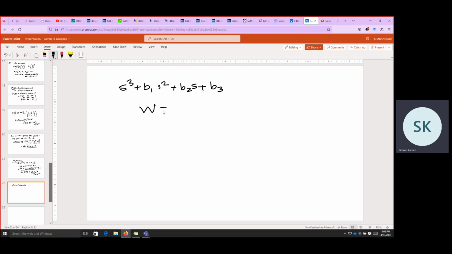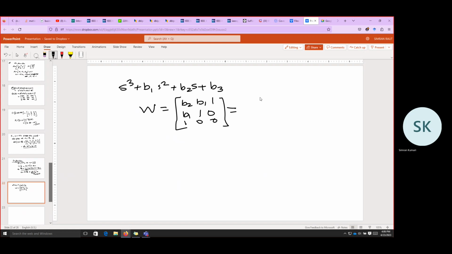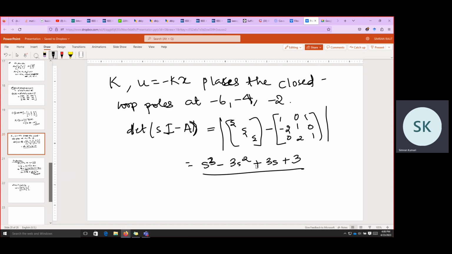Then we have this matrix W, which is [b2 b1 1; b1 1 0; 1 0 0]. We'll just find this matrix. So for our case, the characteristic equation is s cube minus 3s square plus 3s plus 3.